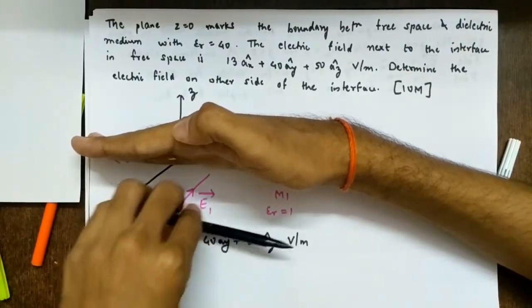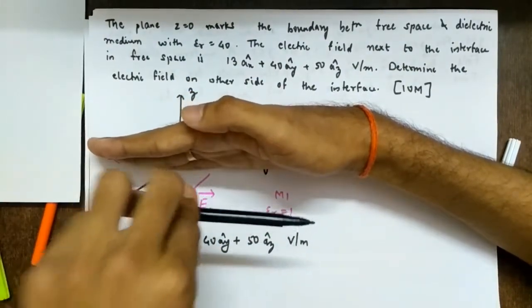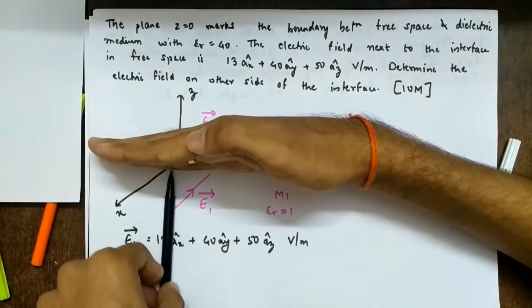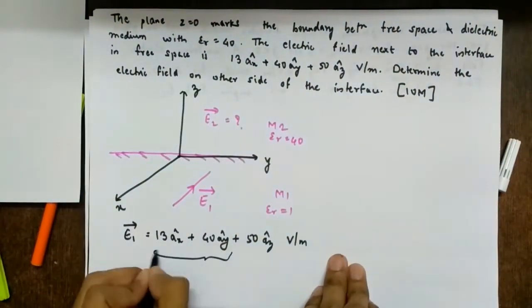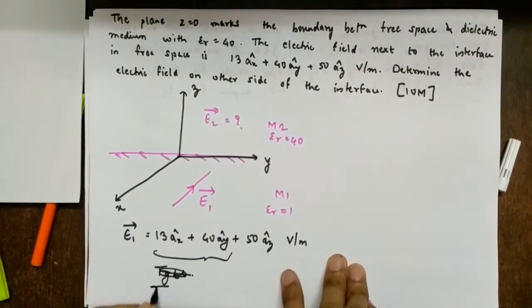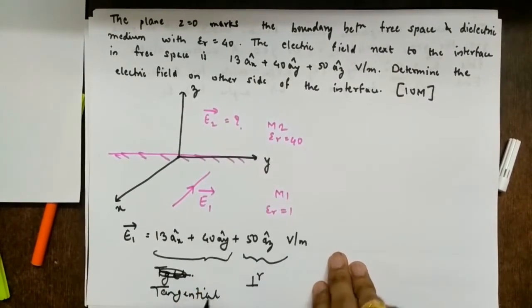Y is in this direction, again Y is tangential. But Z, if I bring it here, it is like this, so it is perpendicular. It means X and Y are tangential components, and this is the normal component, right?